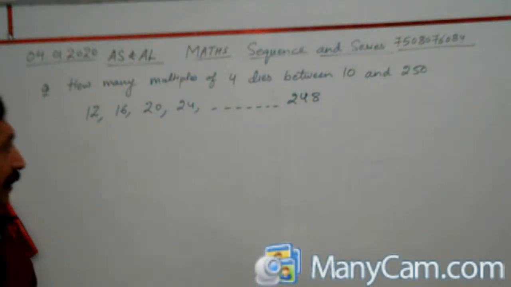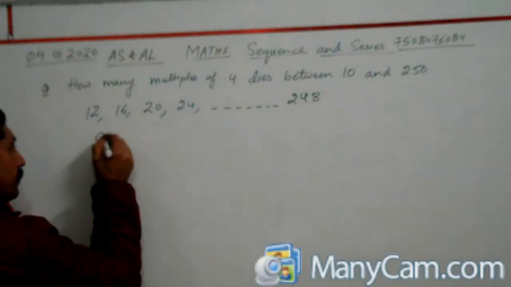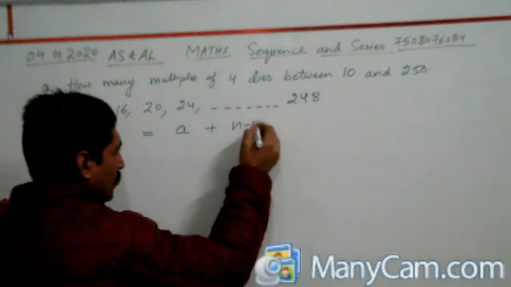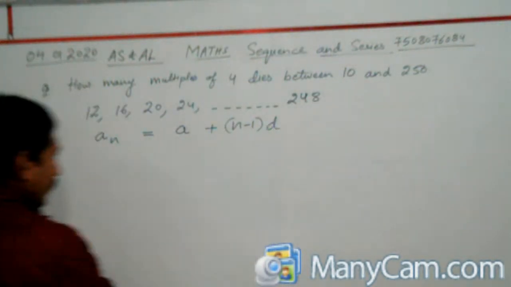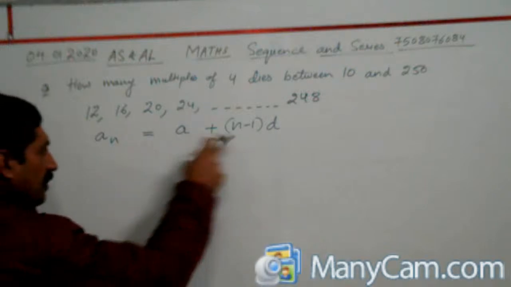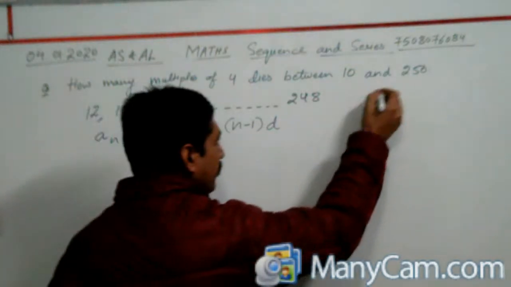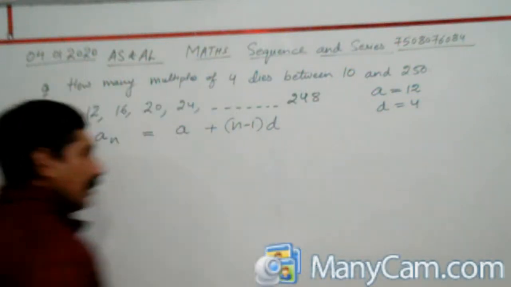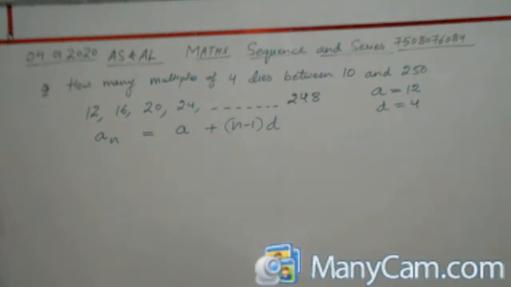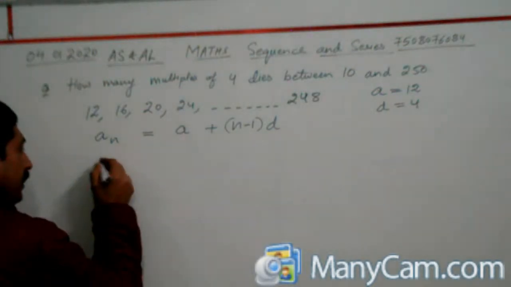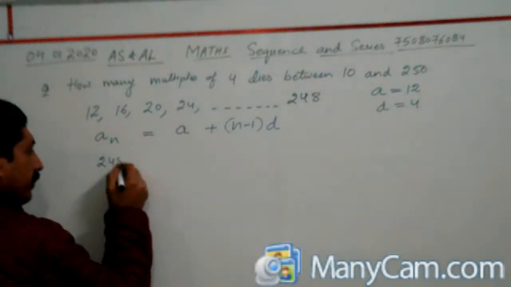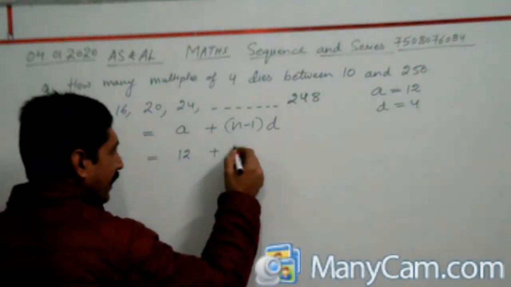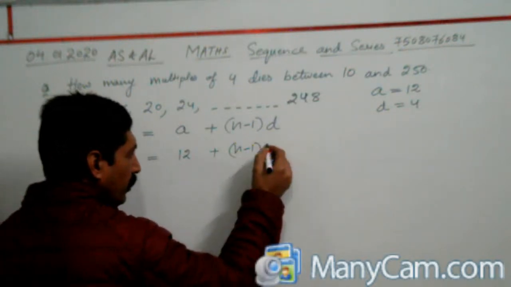So we will again apply the same formula, an is equal to a plus n minus 1 into d. a is 12 here and the common difference is 4. We will substitute the values: 248 is equal to 12 plus n minus 1 into 4.